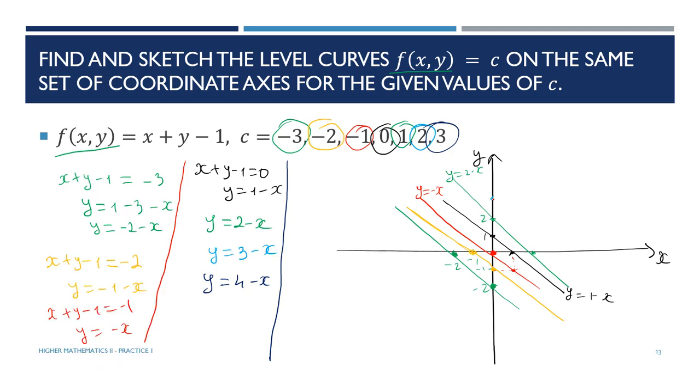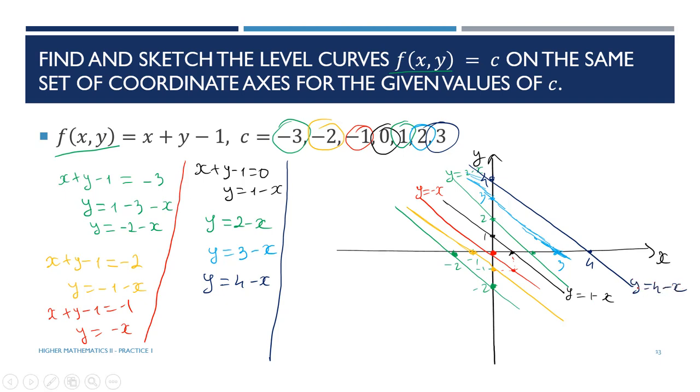It will be 3 and 3 there. This will be a level curve also. And finally, 4 minus x.